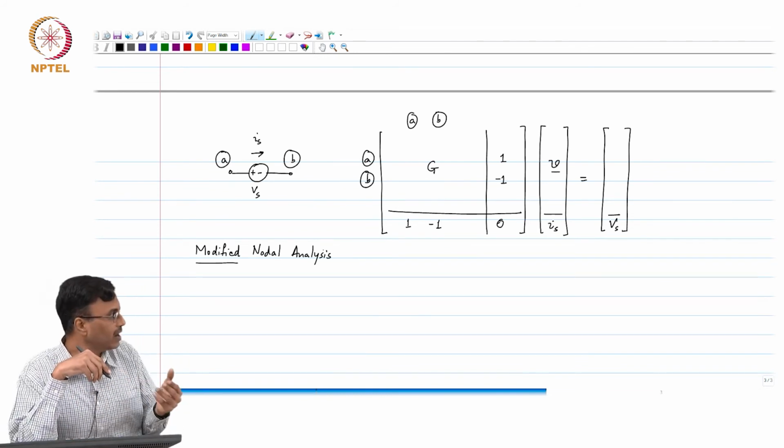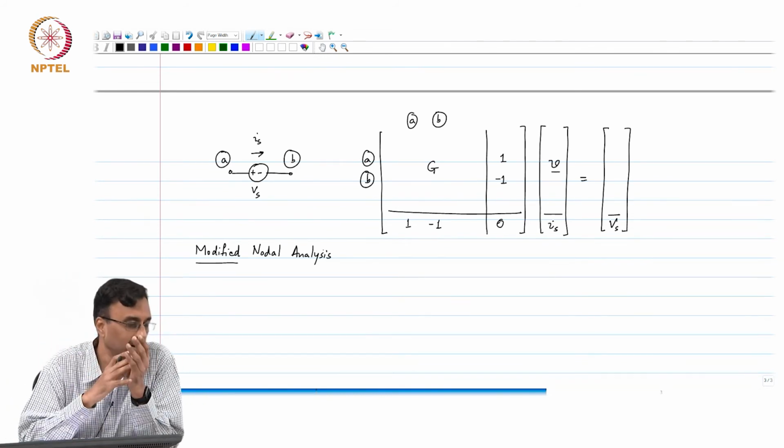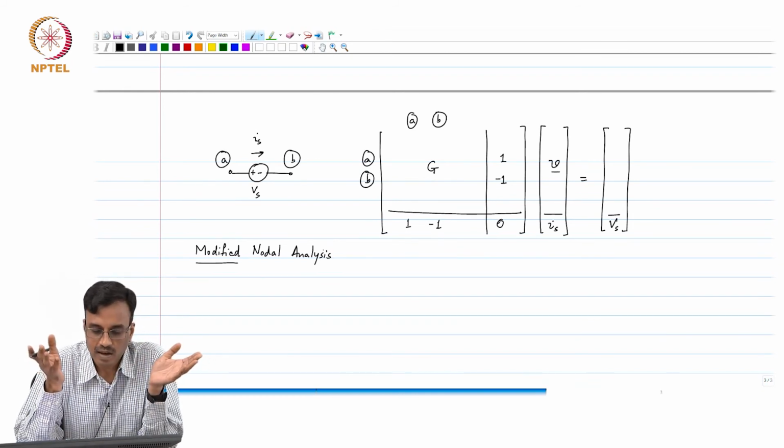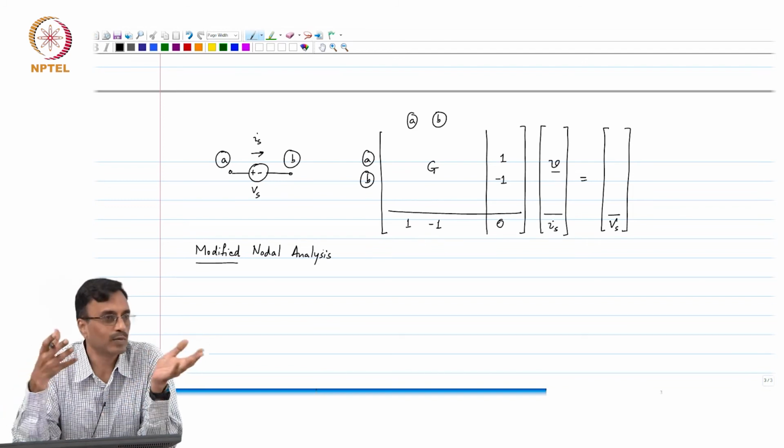And as we have seen so far, if we have networks with conductances, current sources and voltage sources, the algorithm for writing these matrices is very clear.